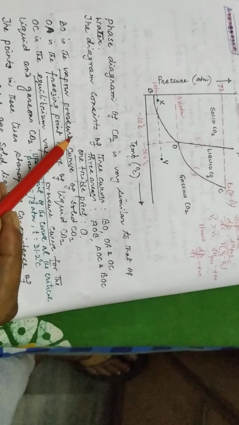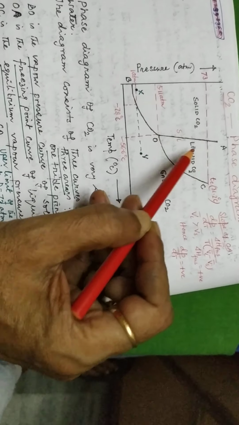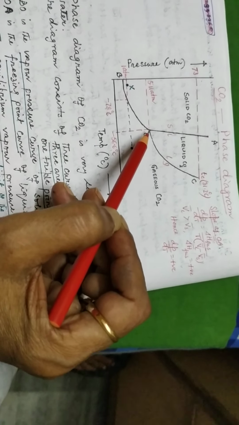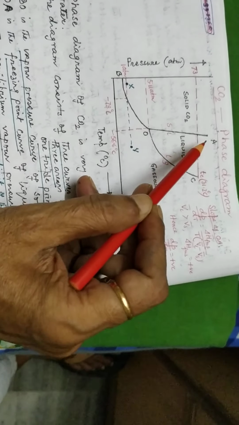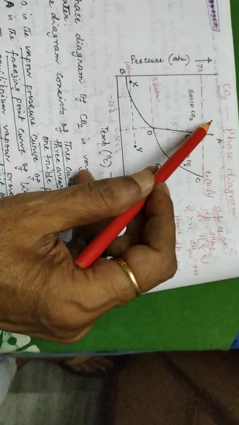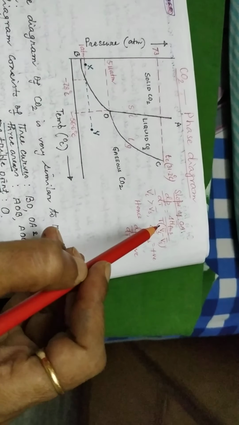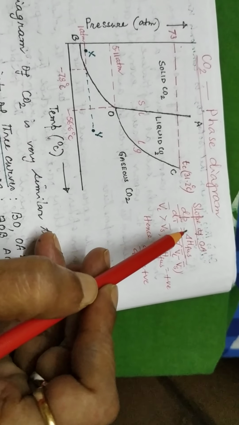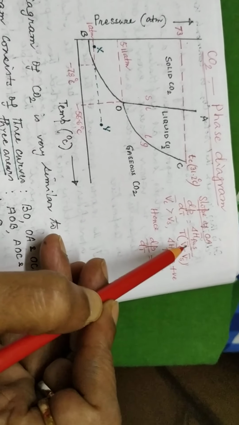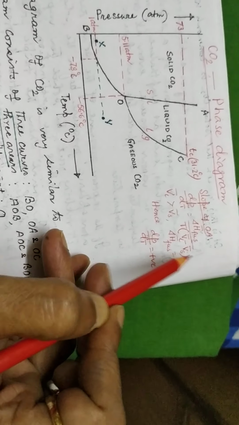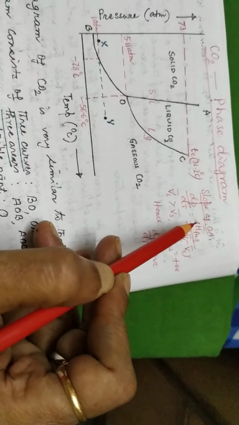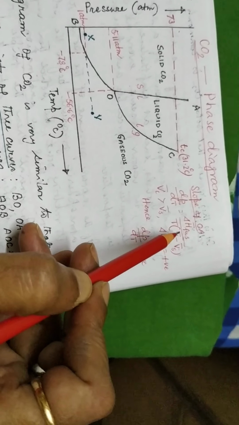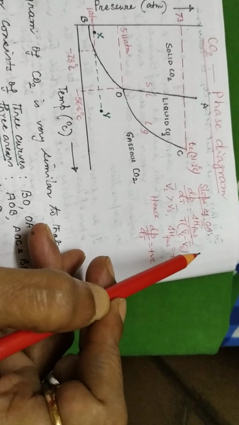Now, I have already said that OA has a positive slope, whereas in the water system, this curve has a negative slope. Why? The slope of OA is positive because from the Clapeyron equation, dP/dT is equal to ΔH̄ fusion by T(V̄L minus V̄s), where ΔH̄ fusion is the molar heat of fusion, V̄L is the molar volume of the liquid, and V̄s is the molar volume of the solid.